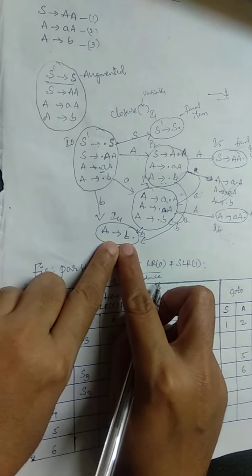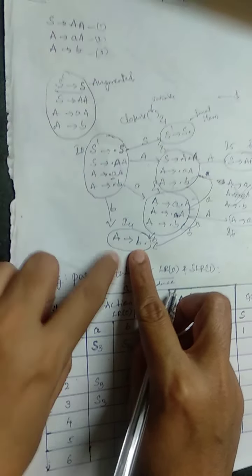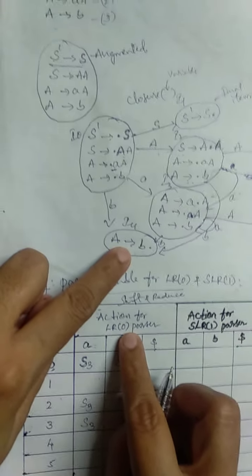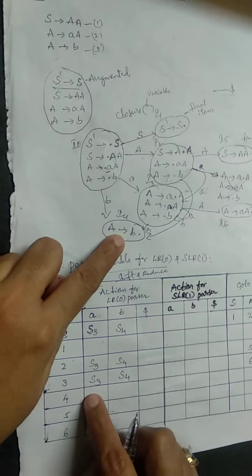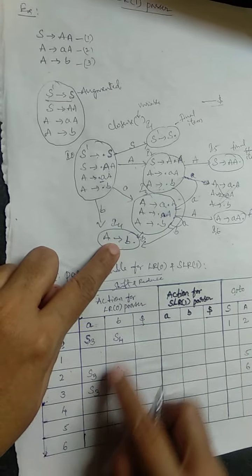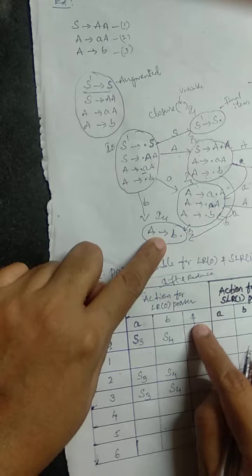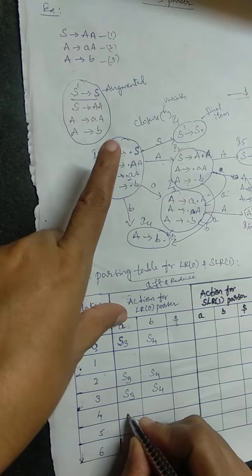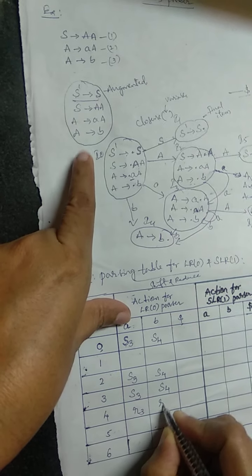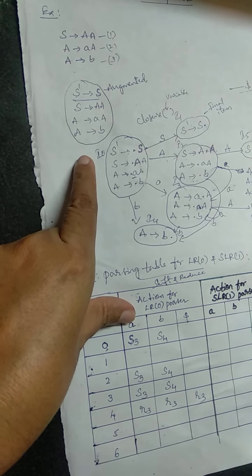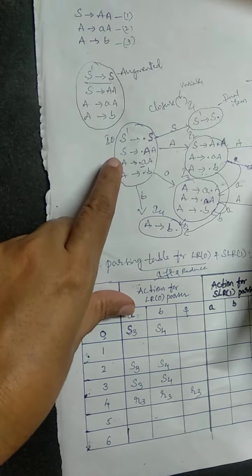So when you are going to reduce with the number 3, you are constructing an LR0 parser, right? So now when you write the reduce, you have to write the reduce under all the terminals which are present in this action. That is, R3, R3, R3, like this. Similarly, I5.